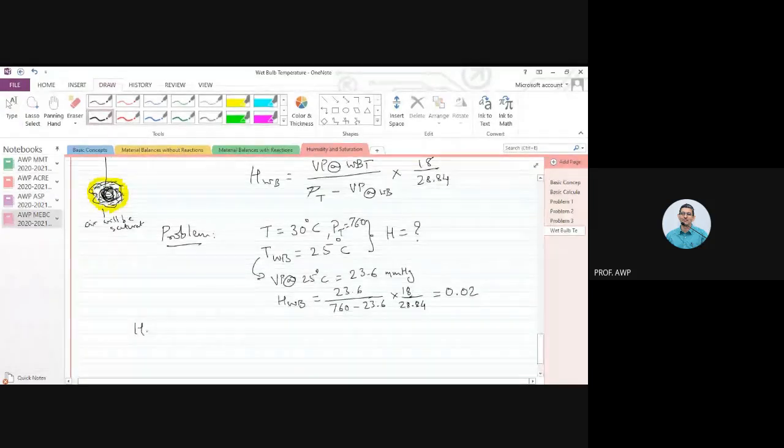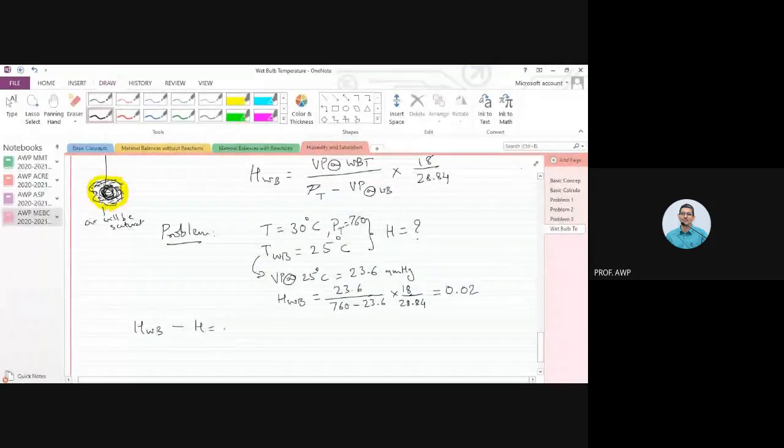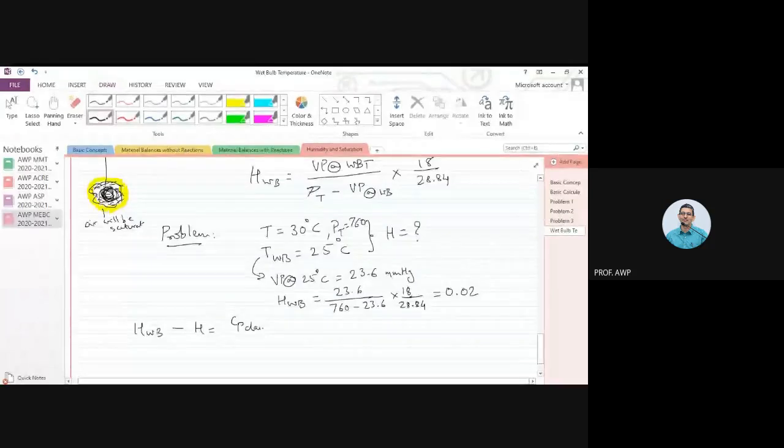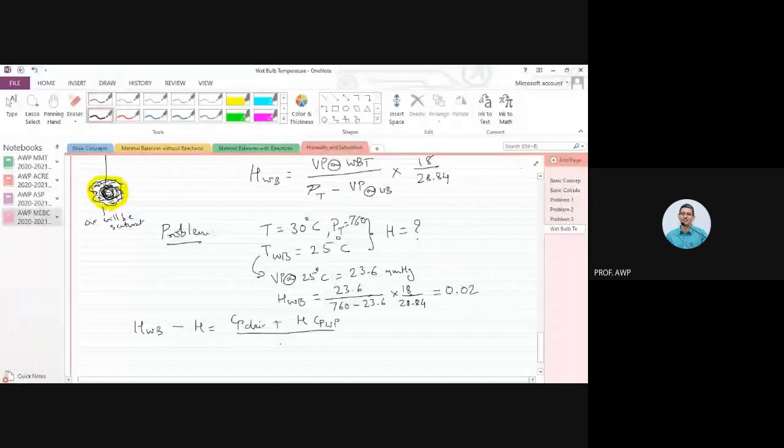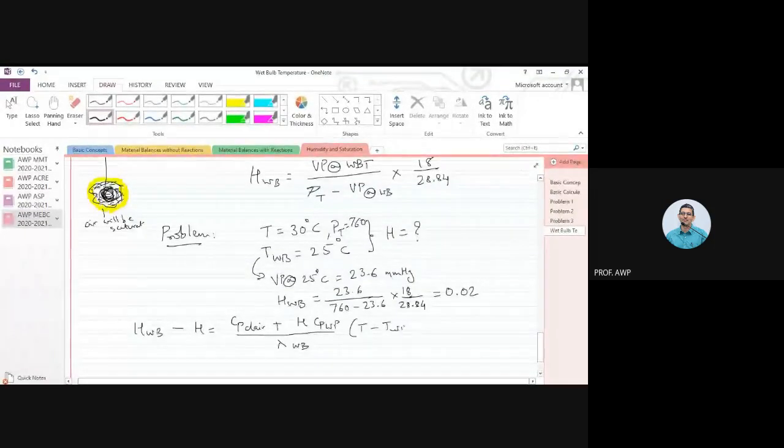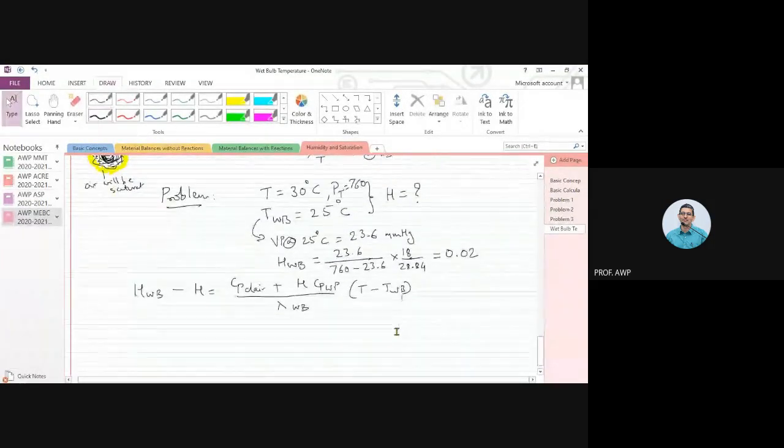So our formula is (HWB minus H) equals (Cp of dry air plus H times Cp of water vapor) divided by lambda at the wet bulb temperature, times (T minus wet bulb temperature). Let's put in the values.